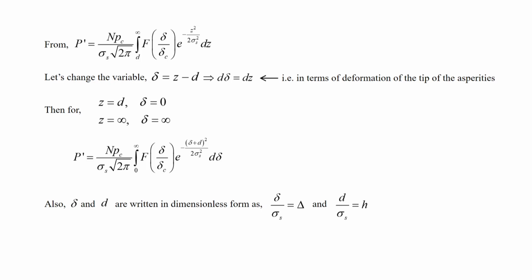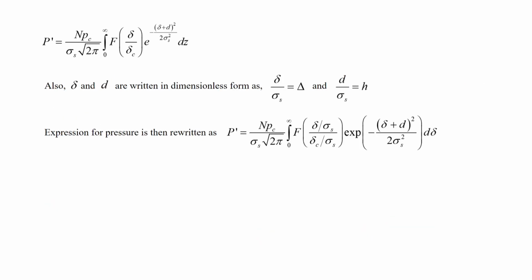And now we can write this delta and d in terms of the dimensionless form. So, delta, as you remember, is the deformation, and sigma s is the standard deviation of the asperity height, right. So, we can write the dimensionless form of delta and d both in terms of this capital delta here and h here, and by doing all that, we get something like this.